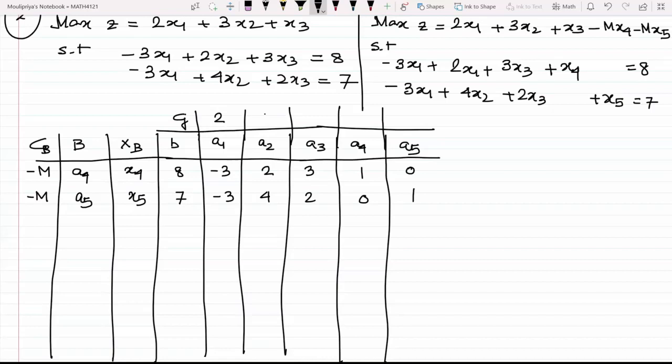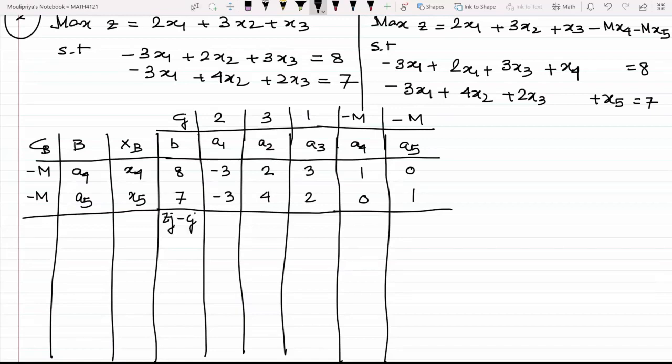2, 3, 1, minus M, minus M. First, we need to construct or write down the index number for the columns starting from A1 to A5. What are we getting? What about Z1 minus C1?